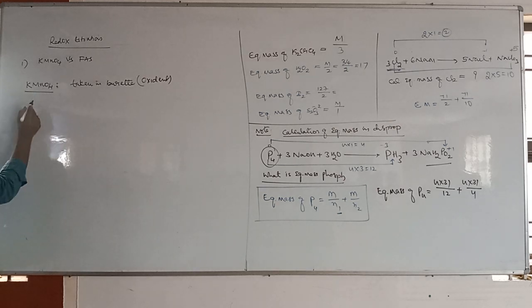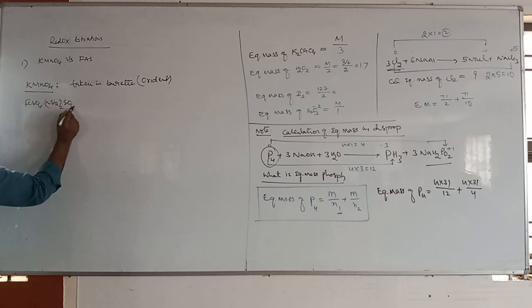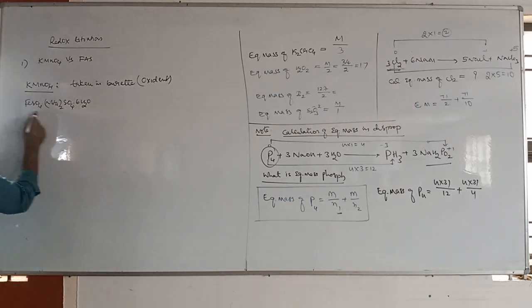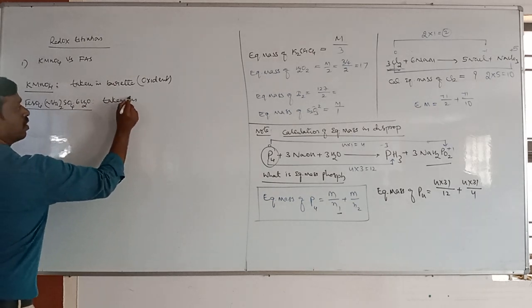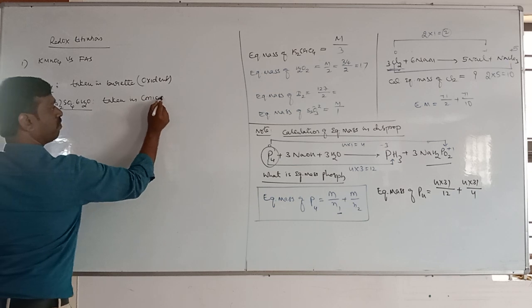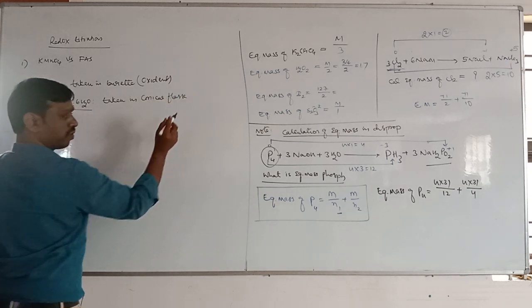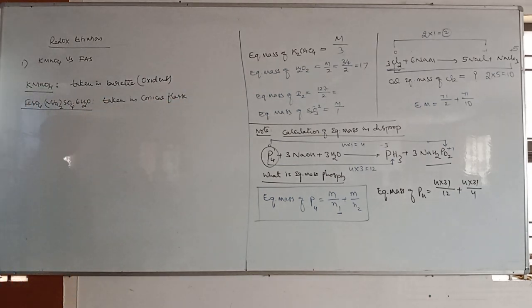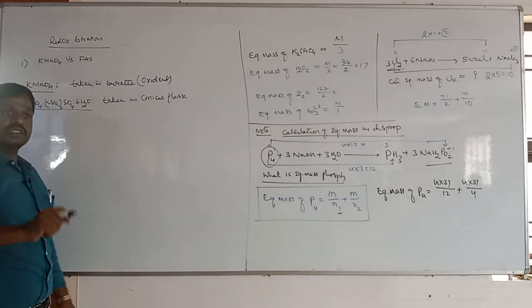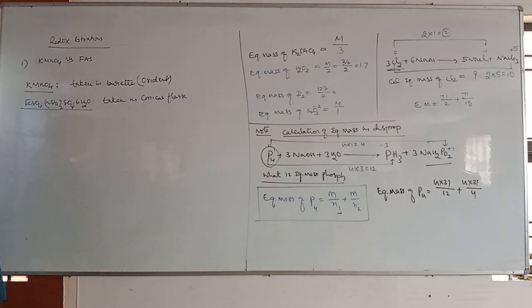Next, FAS. What is FAS? Ferrous sulfate, ammonium sulfate, 6H2O. It is called Mohr's salt or FAS. This FAS is taken in conical flask, and it is mixed with a small amount of dilute sulfuric acid.